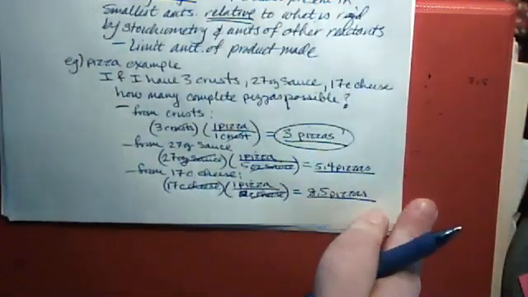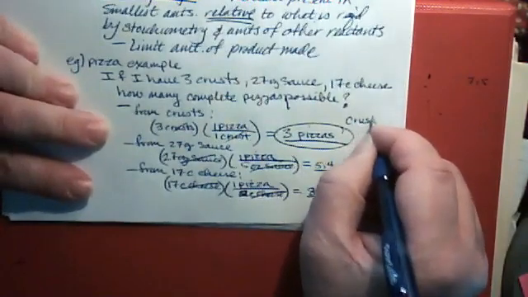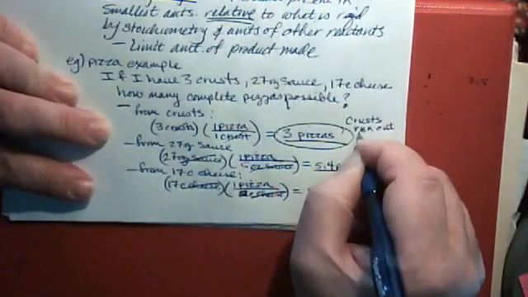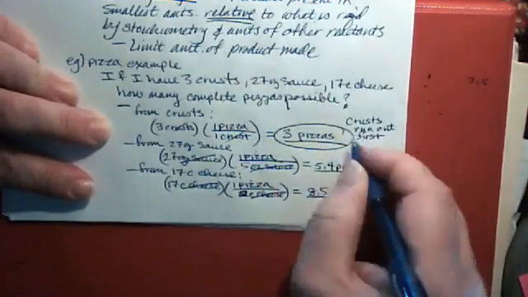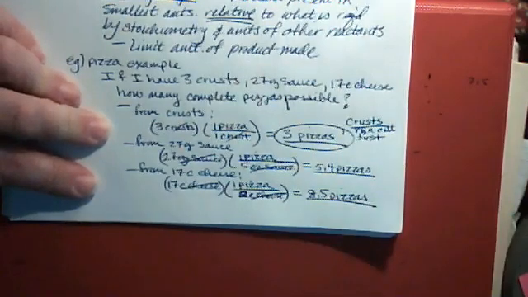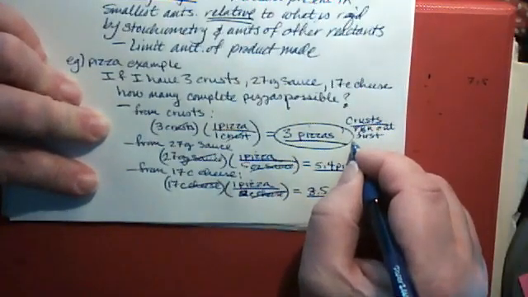And crusts are the limiting reagent because crusts run out first. That determines the amount of product we are able to get, and that means crusts are the limiting reagent.